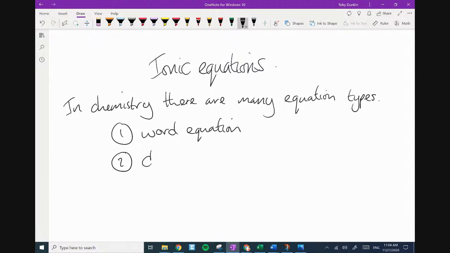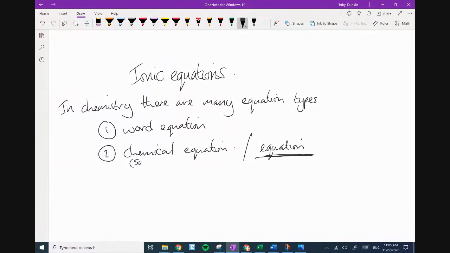Then we get chemical equations. Some people like to call that a symbol equation. The problem is, in reality, if they ever say write an equation, they immediately mean chemical, which you can then put as symbols.